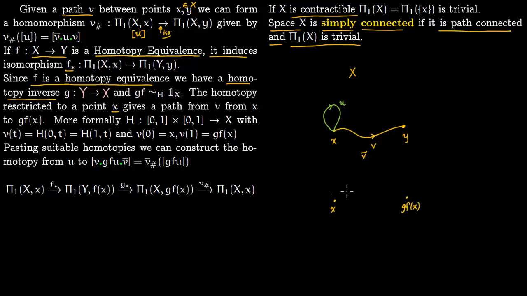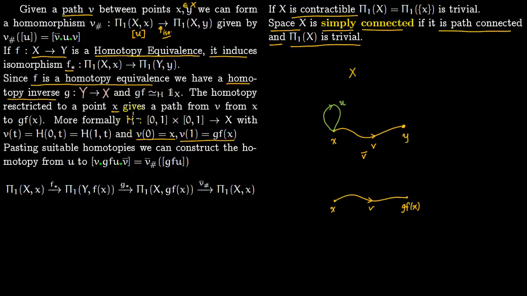One you get by applying the identity map, the other by applying the gf map, and these are homotopic. This homotopy is nothing but a path connecting these two points. Say this path is v, such that v of 0 is x and v of 1 is gf of x.